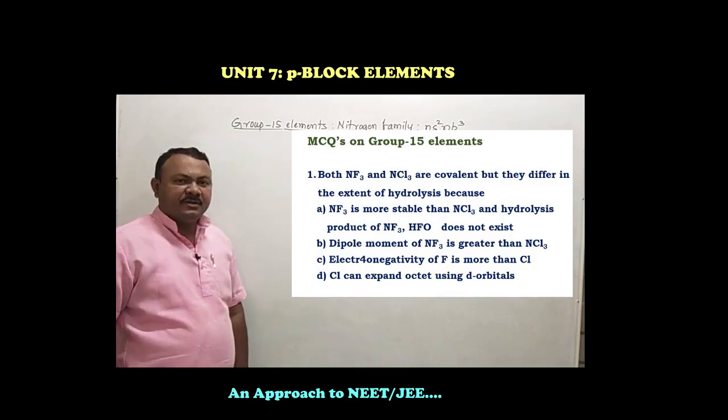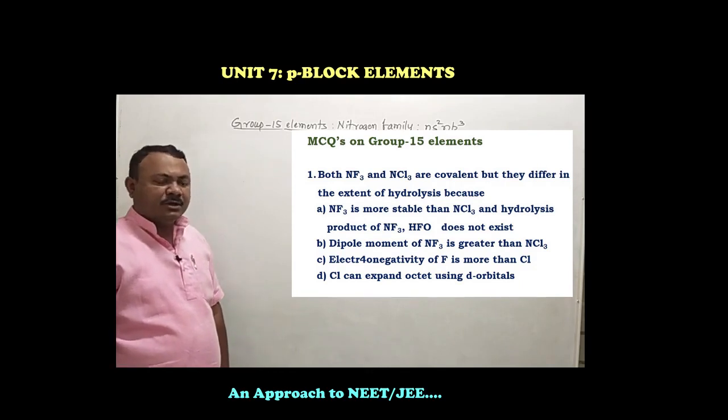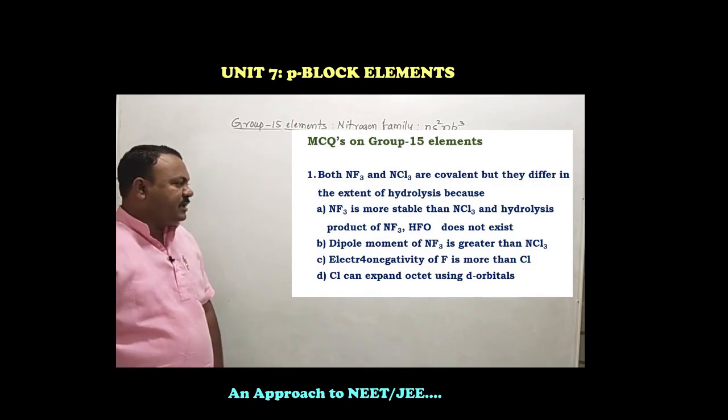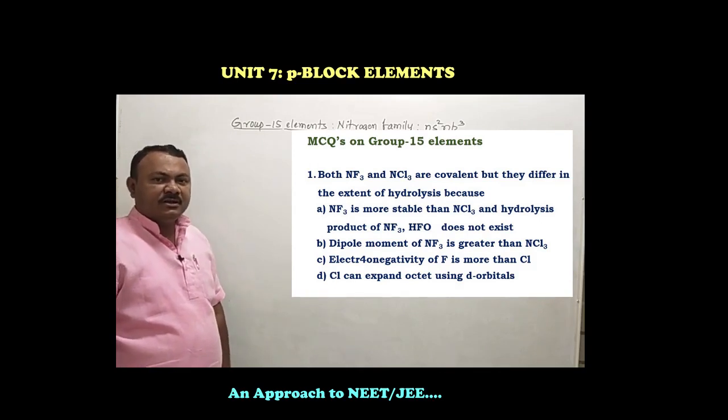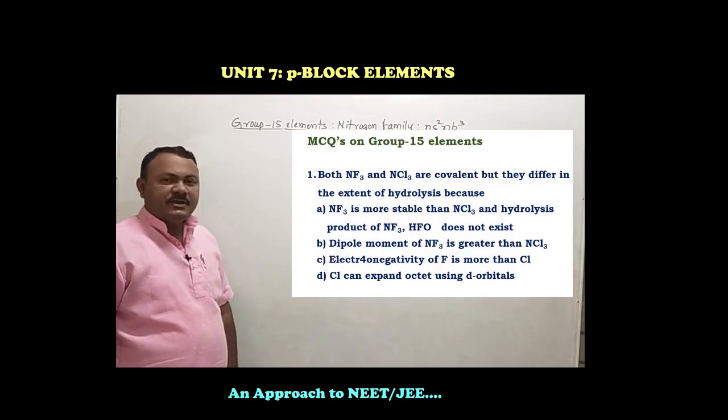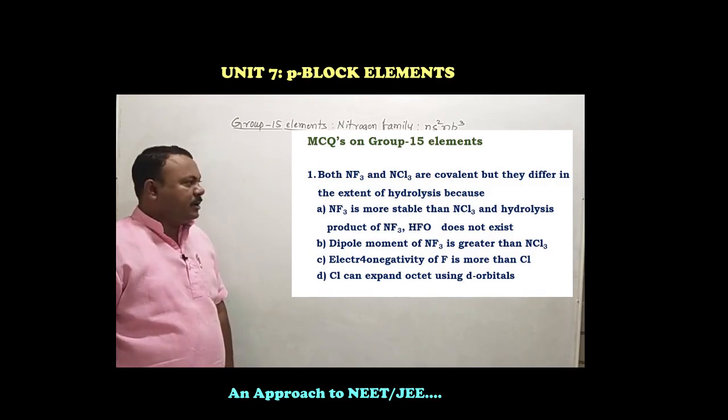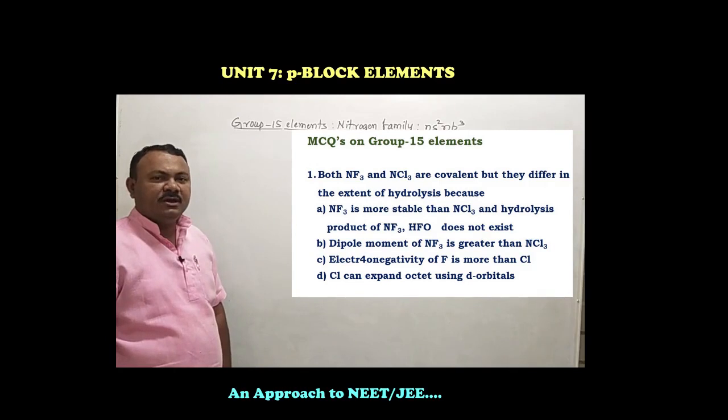Dipole moment of NF3 is greater than NCl3. Electronegativity of fluorine is more than Cl. Cl can expand octet using d orbitals. For this, the correct option is option A. NF3 is more stable compared to NCl3, and also HFO, hypofluorous acid, does not exist. So we are going to mark option A.